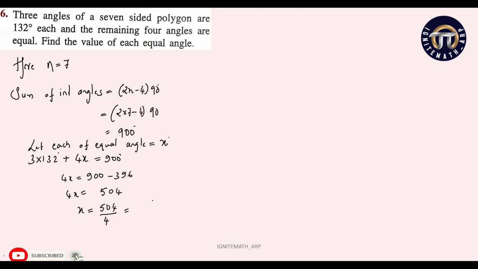So when I divide 504 by 4, I will get it as 126. So I can conclude that each of the equal angles, how many equal angles? 4 angles are 126 degree. Don't forget to write the conclusion. Clear, children? Now let us move to the next question.